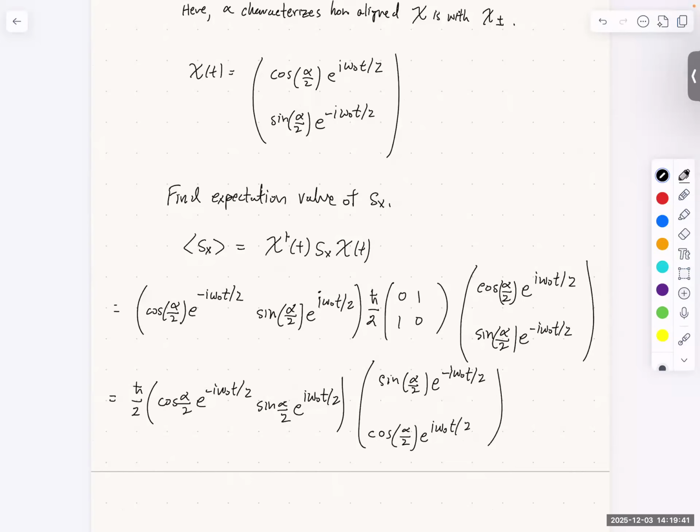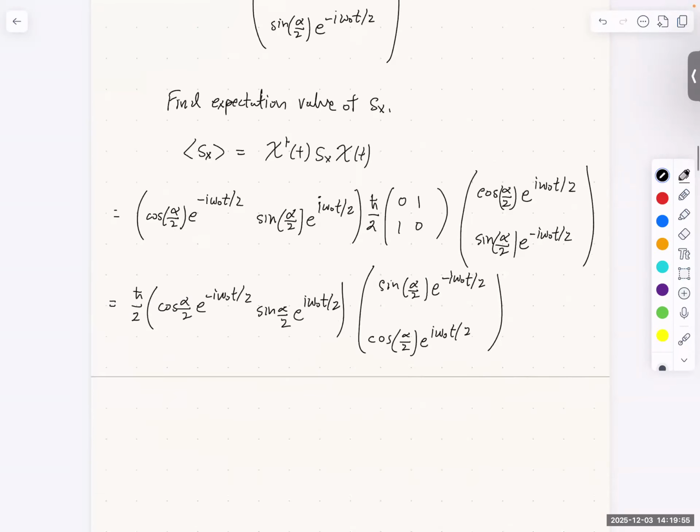Okay, so now we have a 1 by 2 row matrix times a 2 by 1 column matrix, and that's going to give us just the number. And that's what we want. It's the expectation value for some operator. Turns out to be the x component of the spin. Okay, so we have our h bar by 2 out front. And let's see, we're going to get cos times sine.